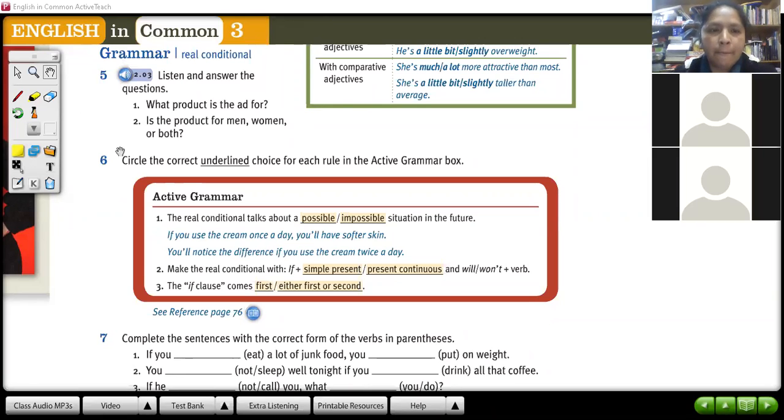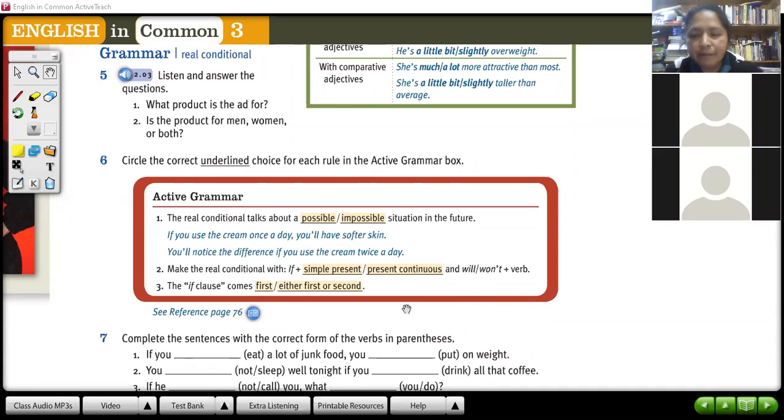Here it says, circle the correct underlined choice for each rule in the active grammar box. So we're going to work with this part.